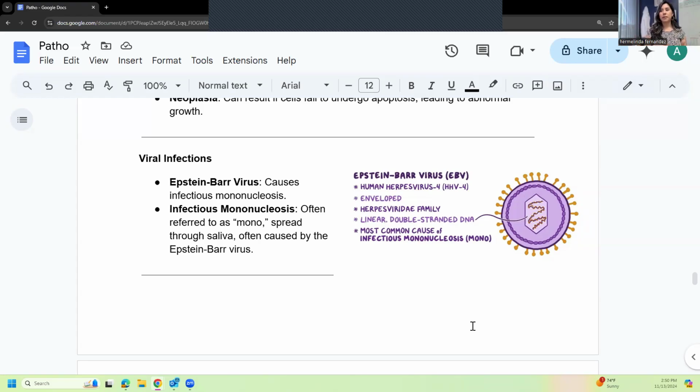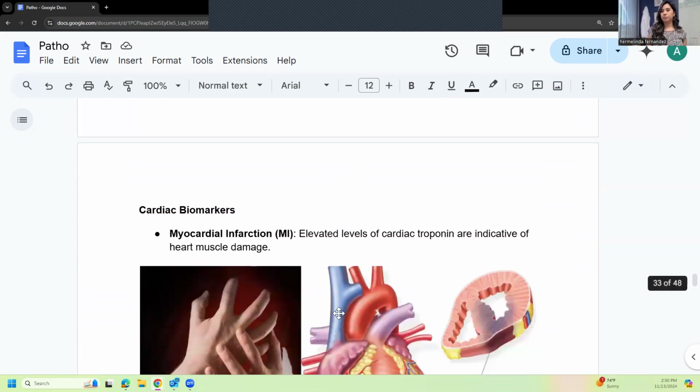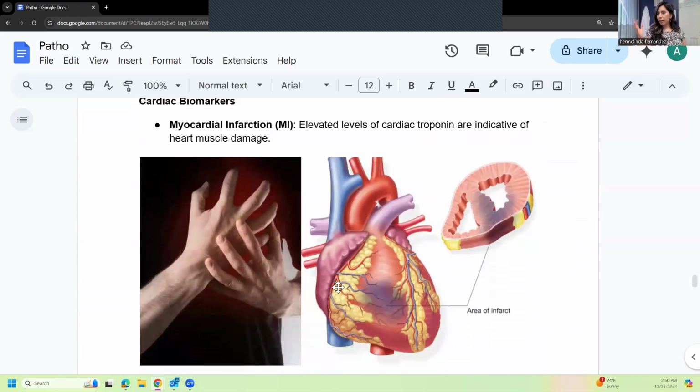It's caused by infectious mononucleosis, often referred to as mono. It's spread through saliva, and it's caused by the Epstein-Barr virus. MI, the same thing: MI will show elevated cardiac troponin, and it damages the heart muscle, so you can see that area.